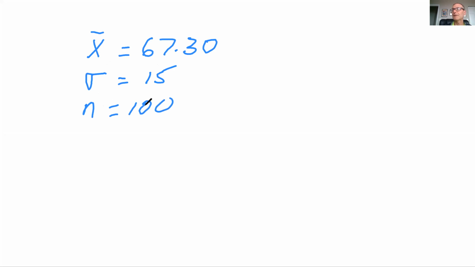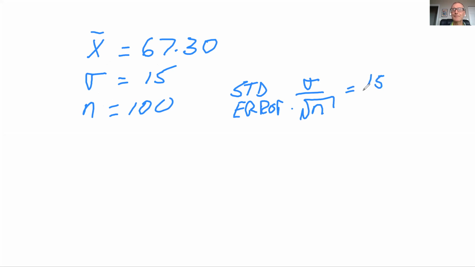What are we doing here? The first thing we want is the standard error, which is the central limit theorem standard deviation. In this case, that would be 15 divided by the square root of 100, which is 1.5.